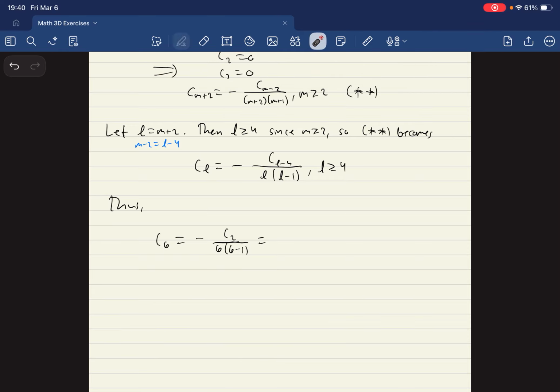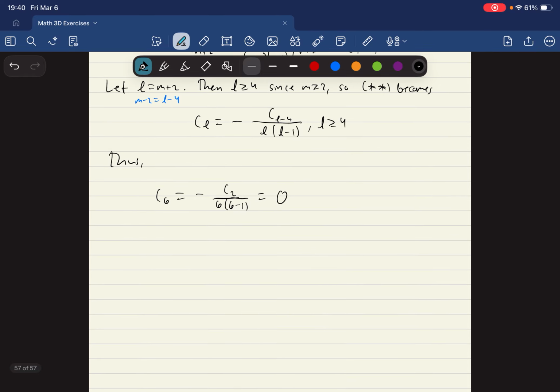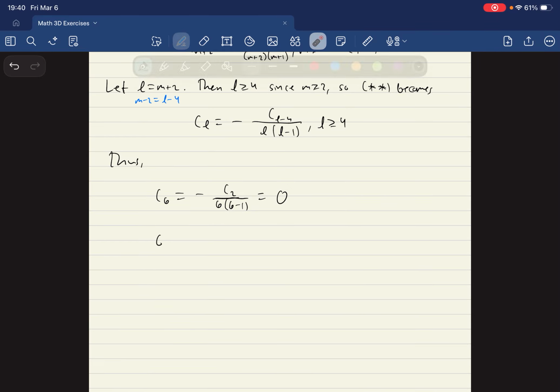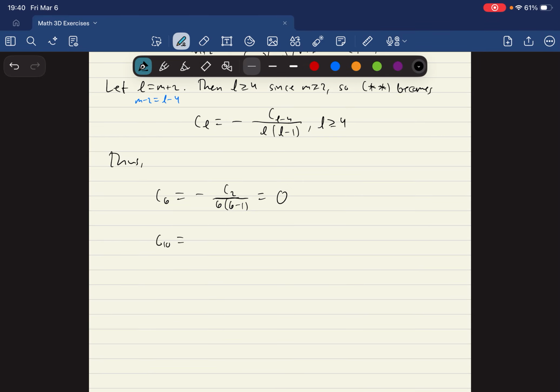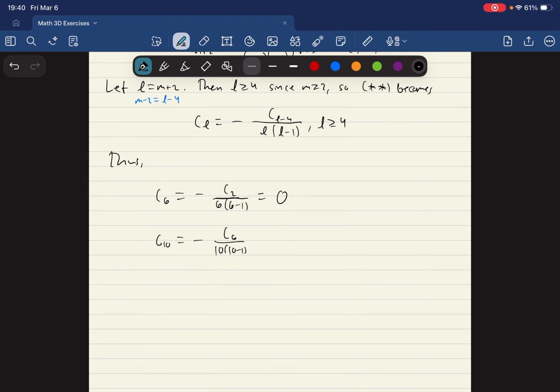But C2 is 0. So this is actually just going to be 0. Similarly, let's take 6 and add 4 to it again. So C10. This will be negative C6 all over 10 minus 1. Again, just plugging in 10 for L. And since C6 is 0, this is also 0.